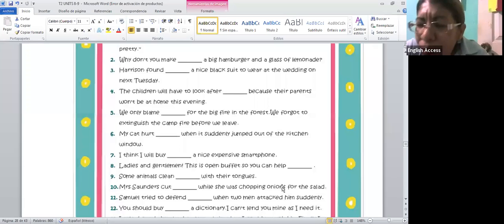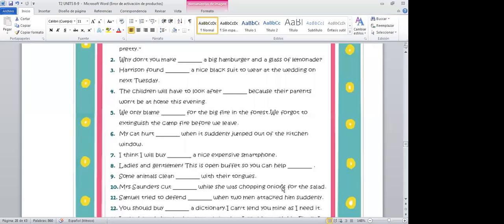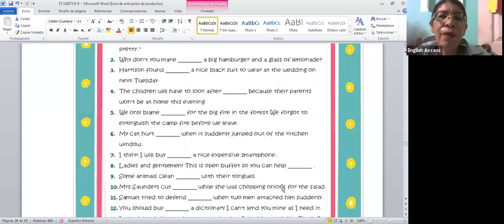One more time. We only blame ourselves for the big fire in the forest. We forgot to extinguish the campfire before we left. Correct. It's about us, the information. Number 6, Damaris.